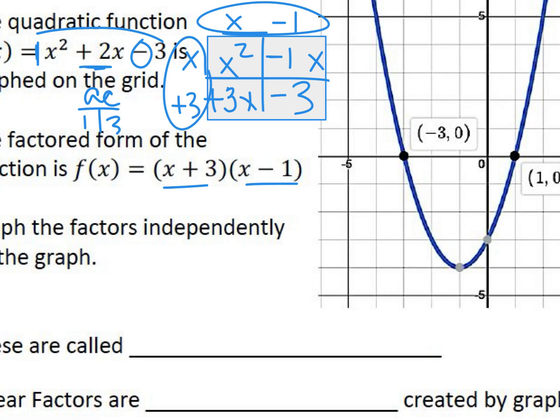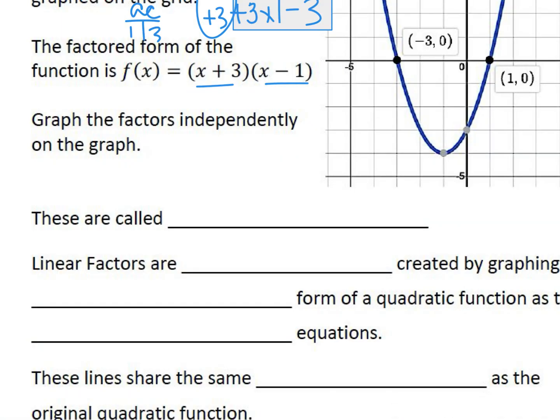Graph the factors independently on the graph. So these are called linear factors because, right? They are our factors. They're things we multiply to get that answer.